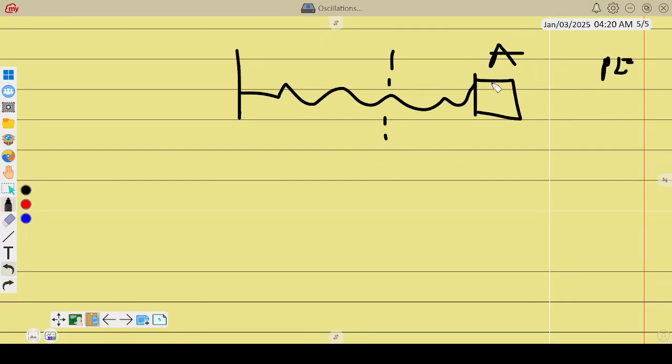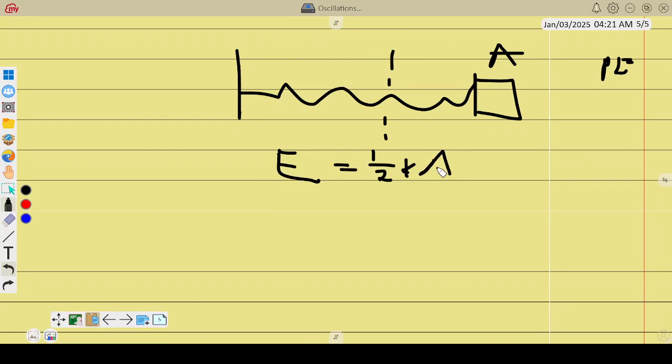We don't have kinetic energy here, because the block stops for a moment before it starts going back. The total energy, which we write as E, is equal to half k a squared, where a is the amplitude.